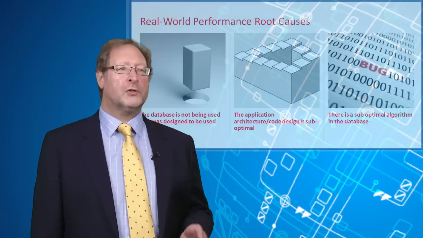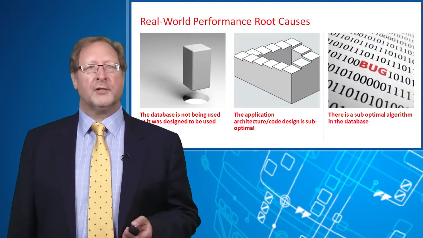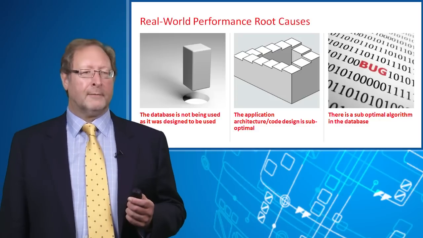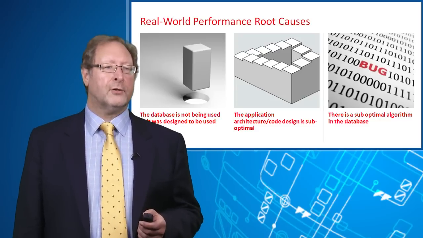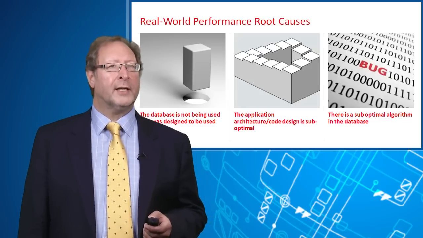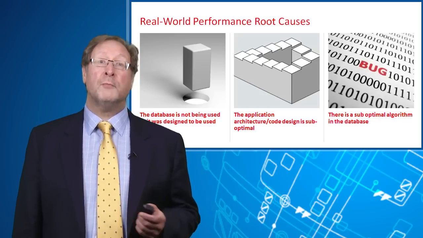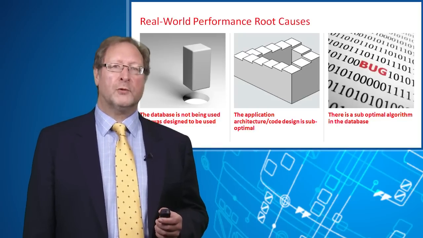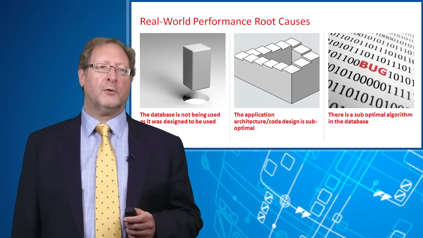The real-world performance group, we spend a lot of our time trying to get customers to focus on getting to the root cause of their problems rather than trying to deal with symptoms of performance problems, which is a common error that we see.